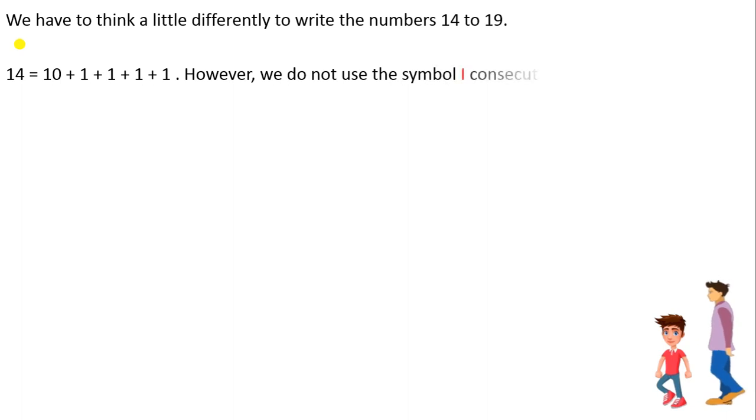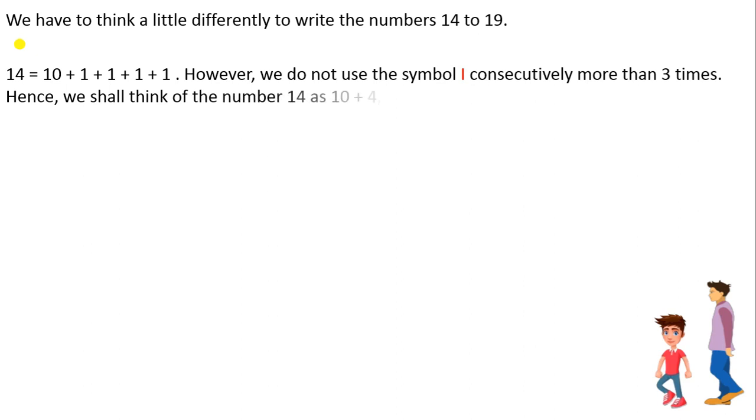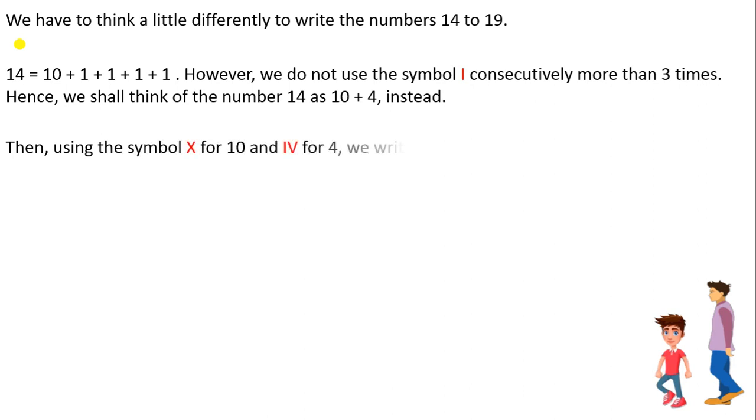But we know that we do not use the symbol I consecutively more than 3 times. Hence, we shall think of the number 14 as 10 plus 4. So, for 10 we use X as a Roman numeral, and for 4 we can use IV. So, 14 will be written as XIV in Roman numerals.